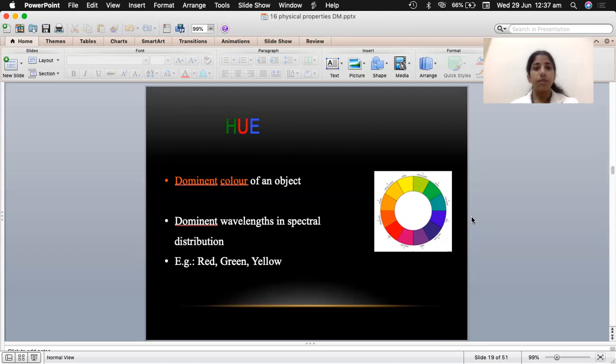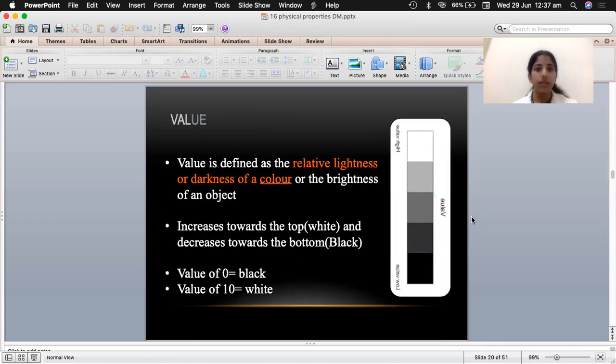Hue is also described as the dominant wavelength in the spectral distribution, like red, green, and yellow. Value is defined as the relative lightness or darkness of a color on a scale from 0 to 10. A value of 0 means black, and a value of 10 means white.